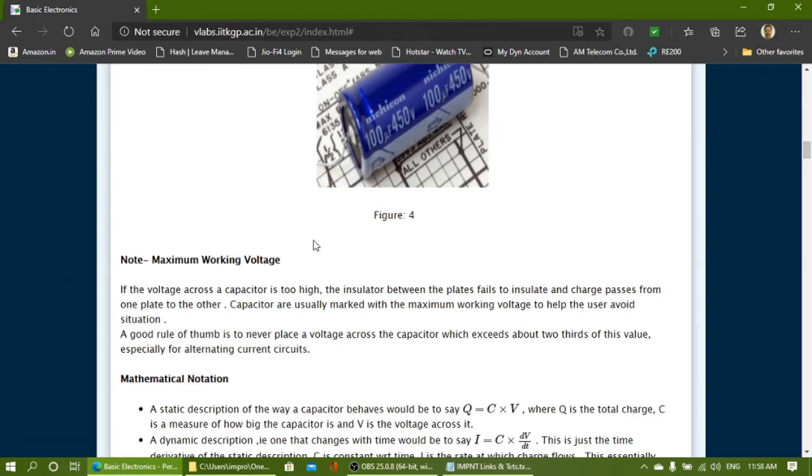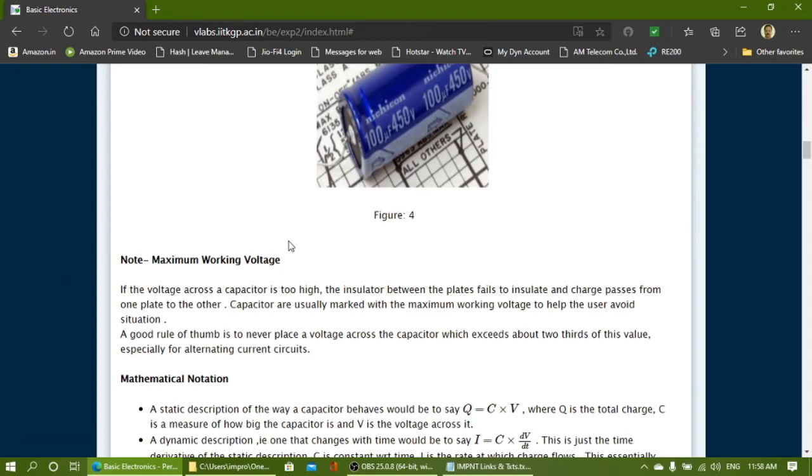Practically, the farad is a very big unit, so in daily applications the farad is not used directly. Instead, in the practical field or market, when you familiarize yourself with capacitors throughout different projects, you will find the maximum is in microfarads. For example, about 6800 microfarad or something like that.